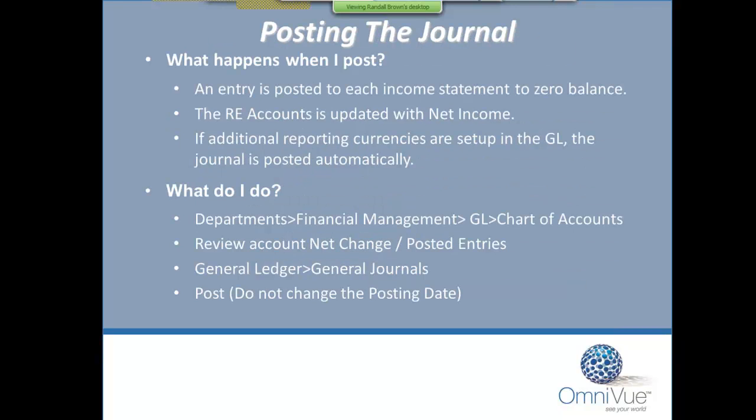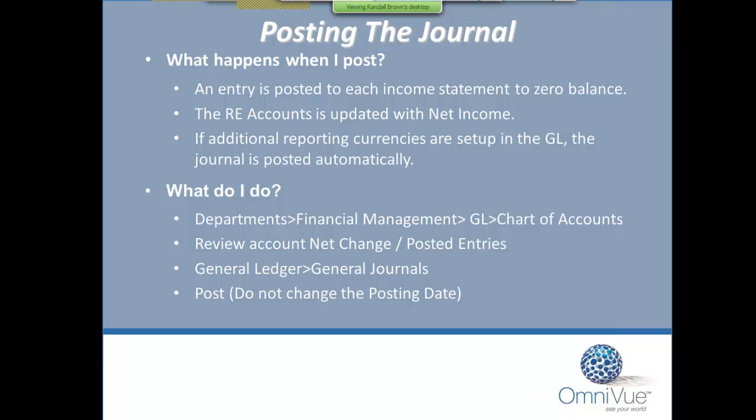When I post this journal, it's going to reverse all of the revenue and expense entries in the system and post that difference to retained earnings. So when you go back and drill down on those revenue accounts, the balance is going to be zero, but all of the detail is still going to be there.